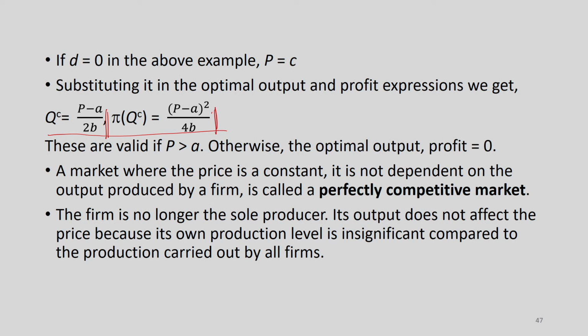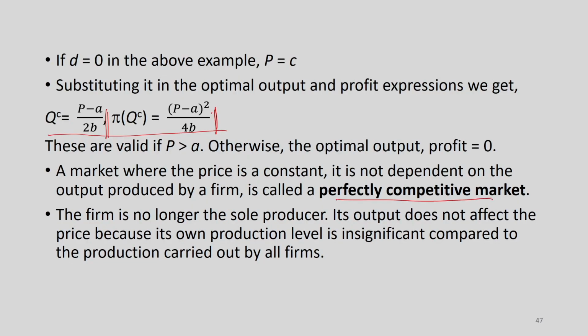Actually, we talk about an infinite number of firms, right, and all these firms are producing a similar product. And since there are close to infinite number of firms, any individual firm's ability to influence the market price is nil. So, it can produce more output, it can produce less output, but that is not going to affect the market price. Market price is given at small c. So, this kind of market is called a perfectly competitive market.